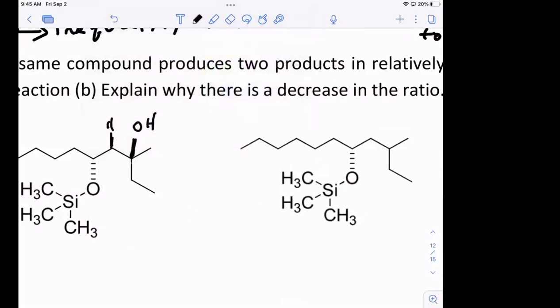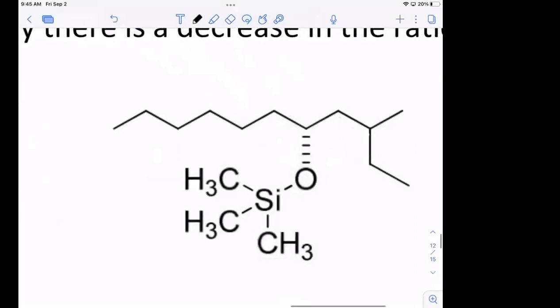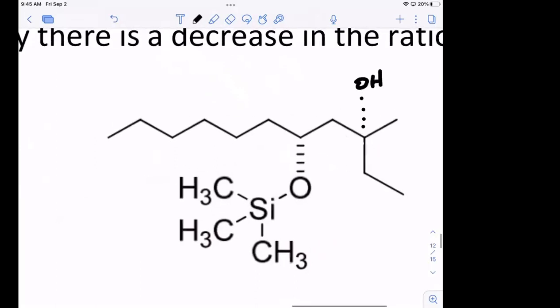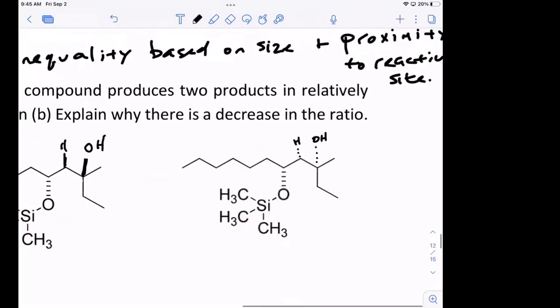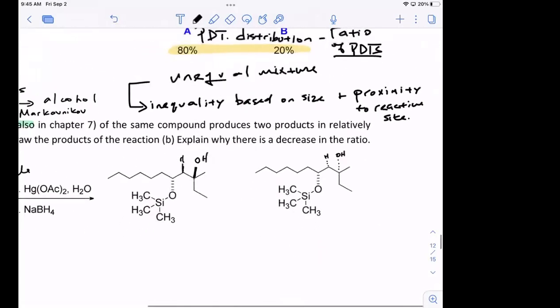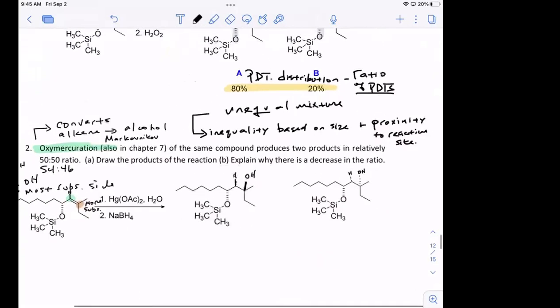So instead of it being up, it should be back. Is that right? All right, so it's going to be dashed. Yeah, thank you. It's going to be on a dash, OH. And so is the hydrogen that adds as well, right? Now, here's the question, because this is the easy part. The harder part is, why does the ratio drop?